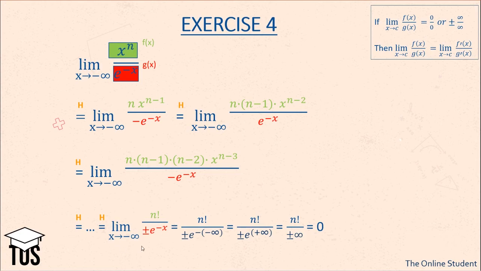Now we can fill in minus infinity, which gives us n factorial divided by positive or negative e to the power of minus times minus infinity. Now, if we simplify this, we still get n factorial divided by positive or negative infinity, which in both cases is equal to 0. And this is the solution to the fourth exercise.